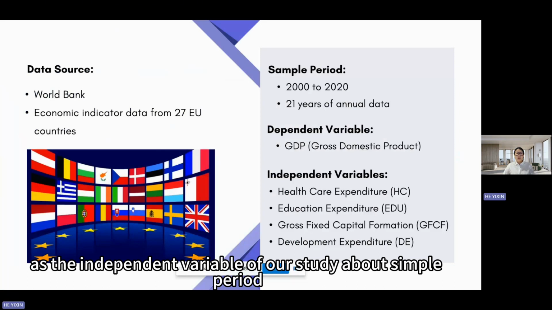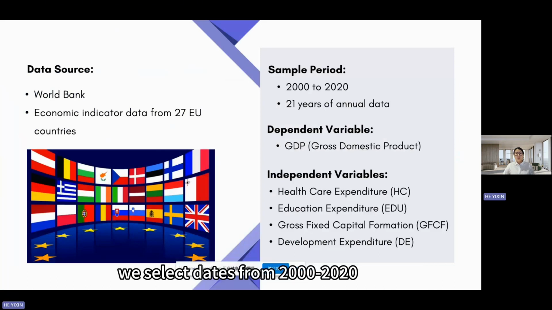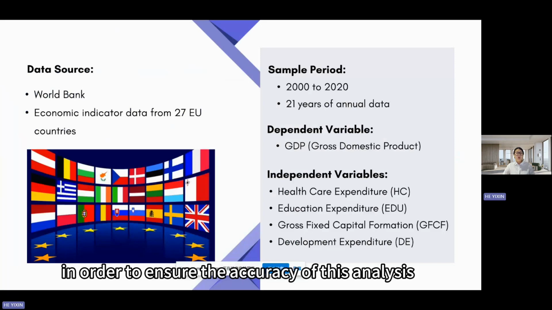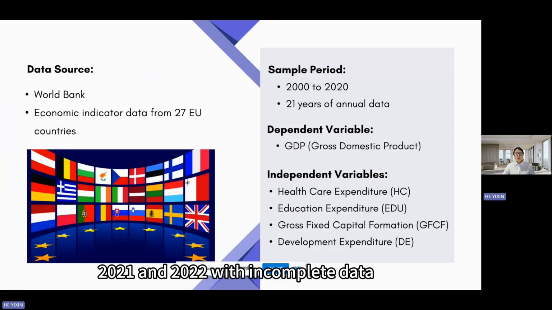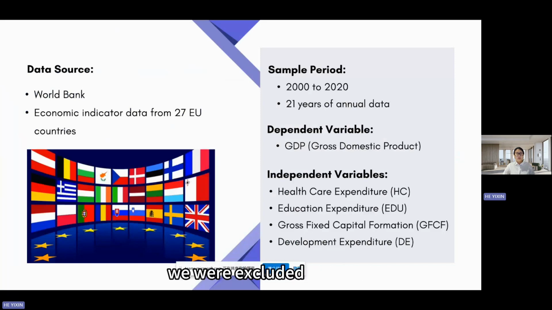About the sample period, we select data from 2000 to 2020, covering annual economic indicator data for each country over 21 years. In order to ensure the accuracy of the analysis, 2021 and 2022 with incomplete data were excluded.